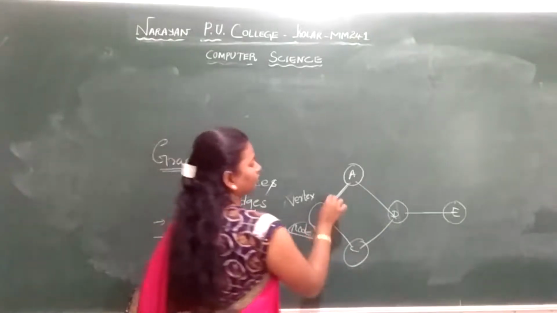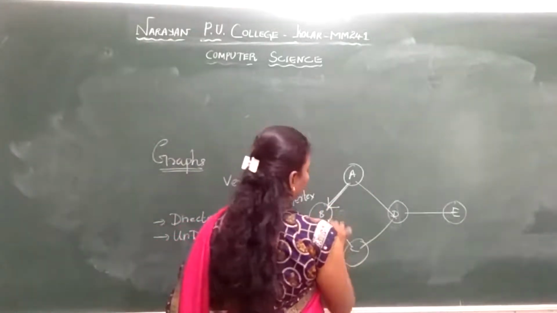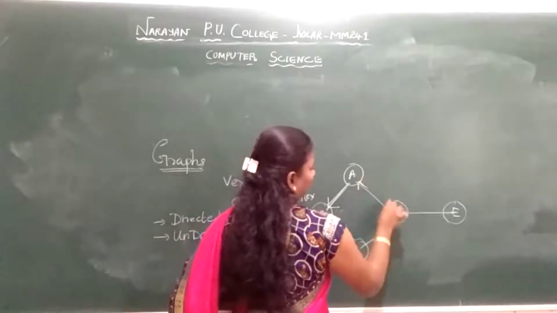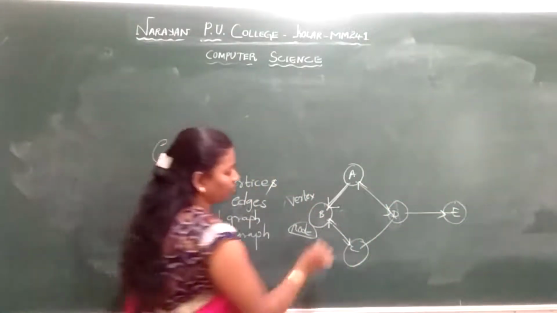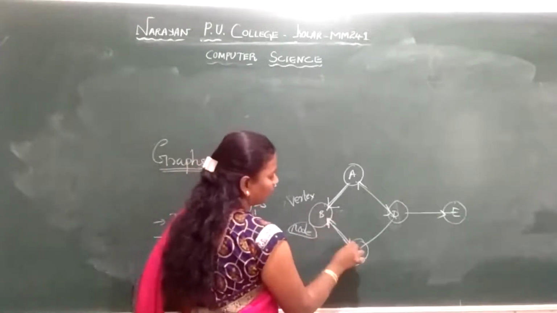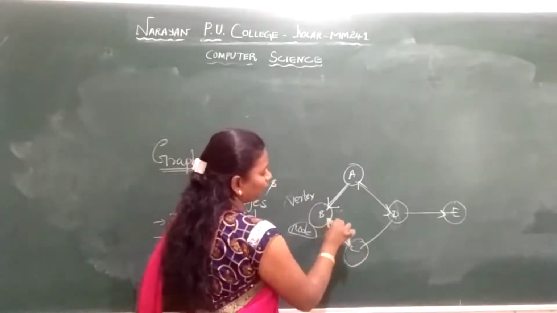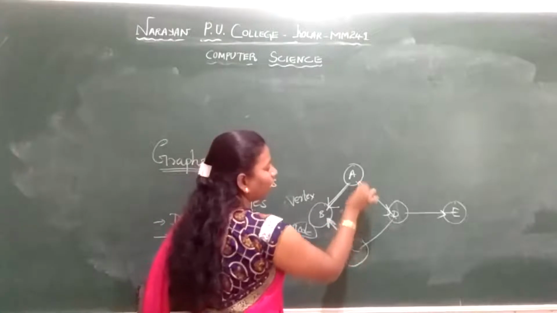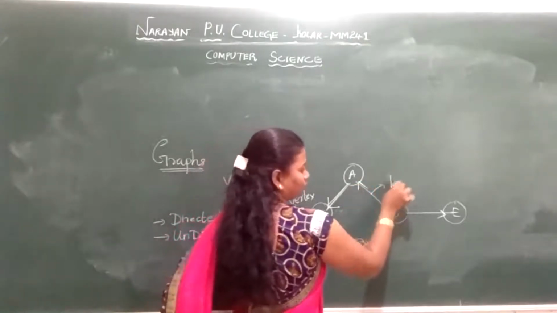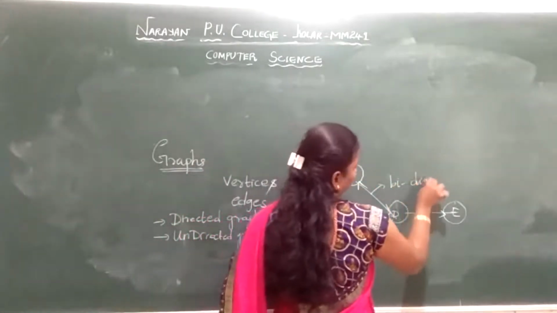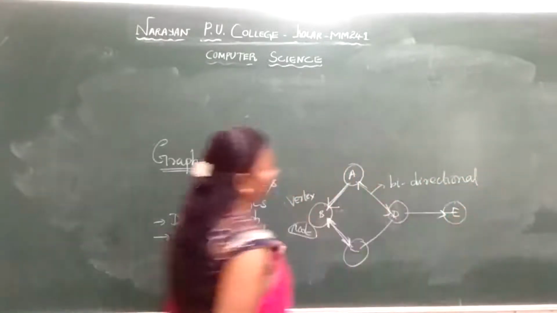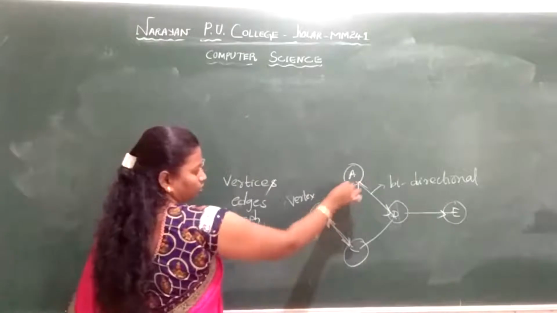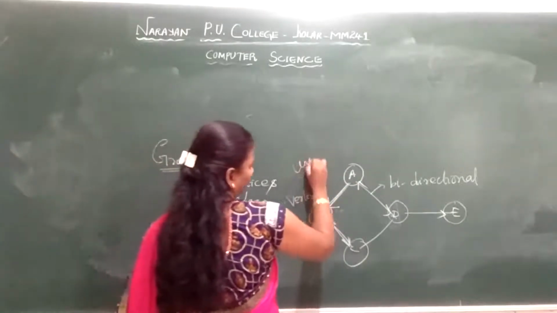If I give the direction, for example, like this, it is a directed graph. In the arc, I have shown both the ends of the arc using the arrow mark. This is bidirectional. If I have a single direction shown, this is unidirectional.